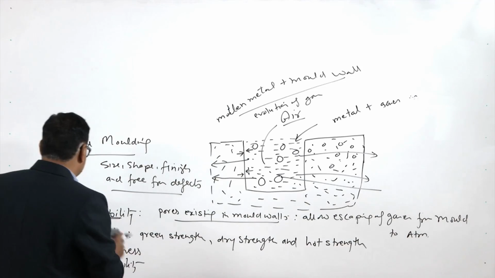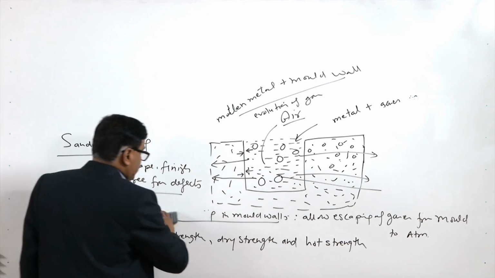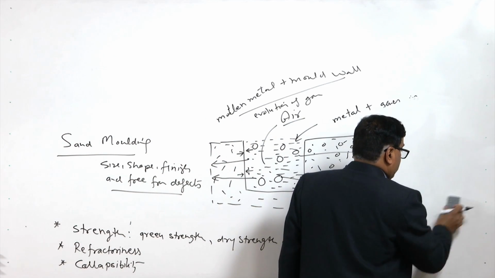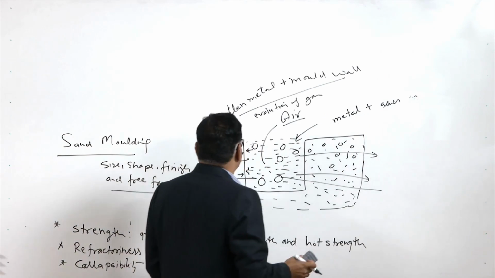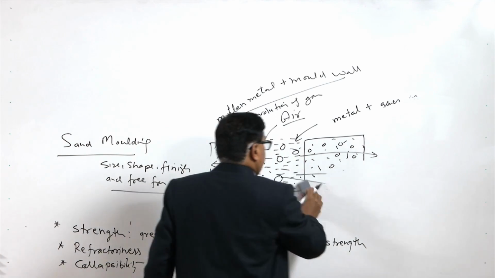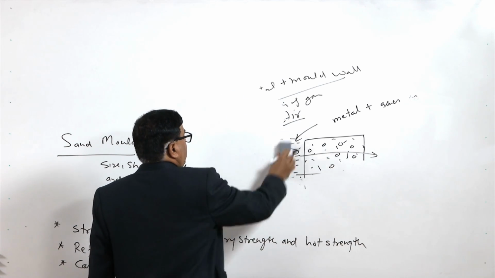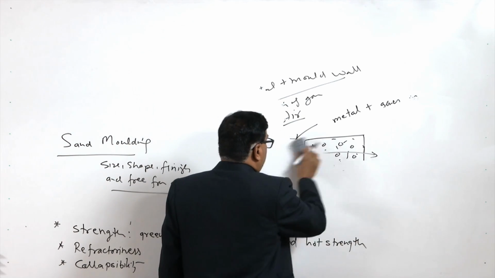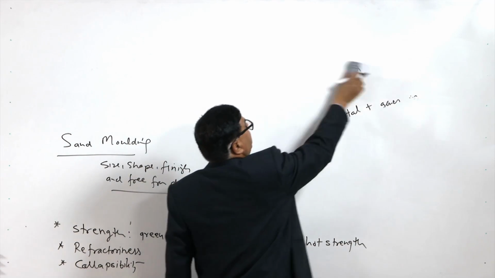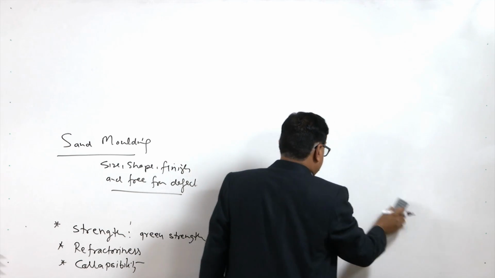Then we come to another important characteristic, which is strength. Strength of the mold is important, certainly, because whatever the shape of the mold, that will be retained under the metallostatic pressure of the molten metal only if the mold is of the desired strength.